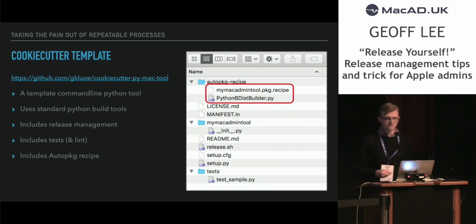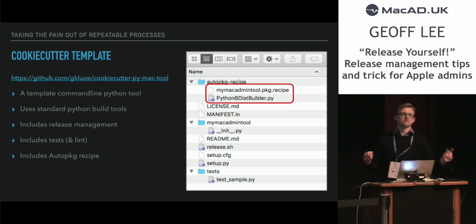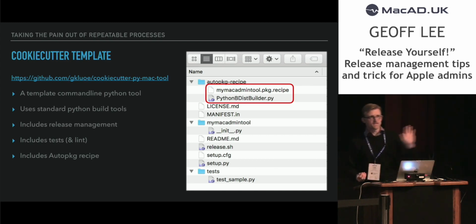We've got this Autopackage recipe. So once you've built the thing, you've committed it to your version control, you can actually just run this Autopackage recipe, and it will build a package for you. It's a completely repeatable process, and it actually builds the package from the tagged release or the tagged version in your source control repository, so that you know that what you have built is 100% what's in your source control, and that's what you're going to deploy to clients.